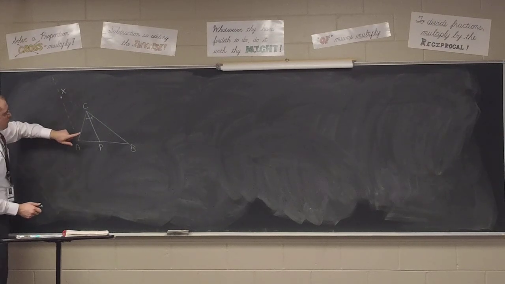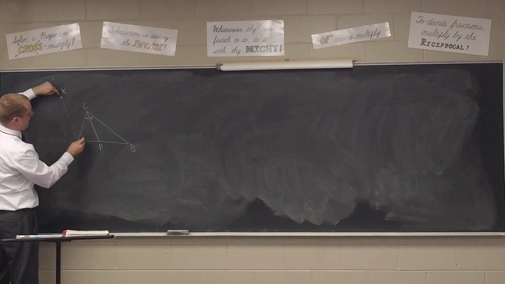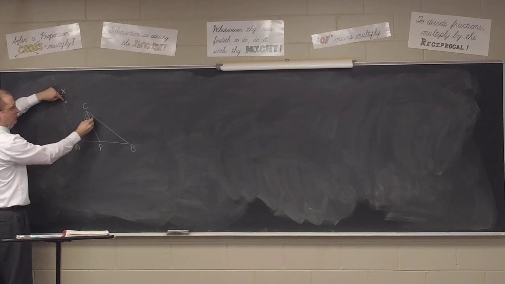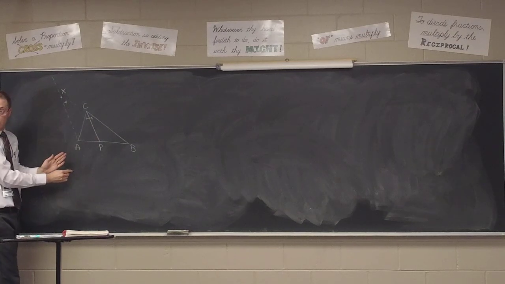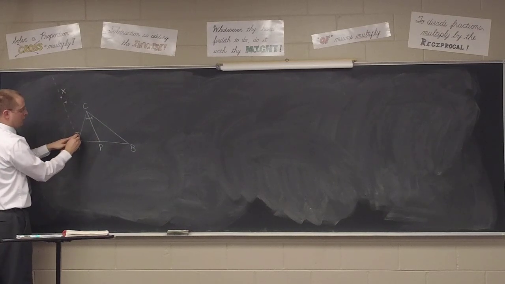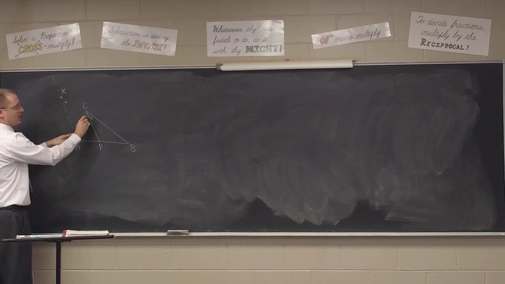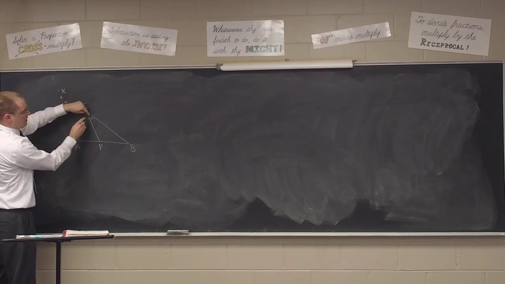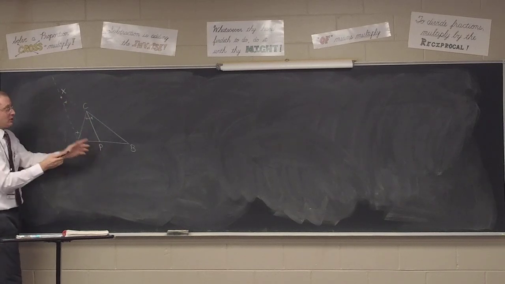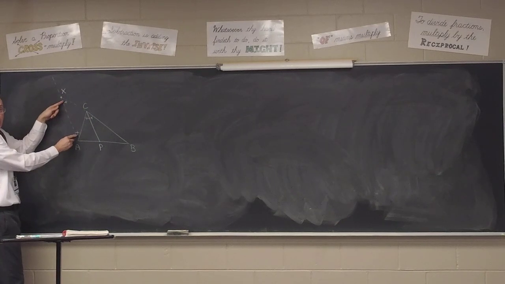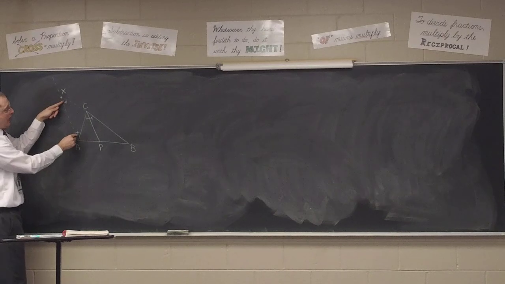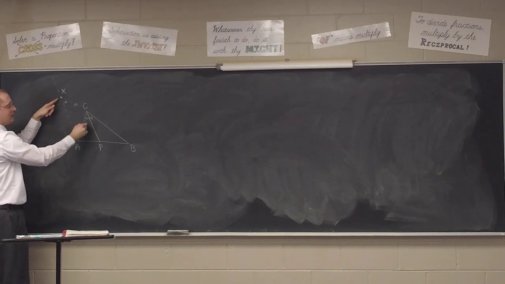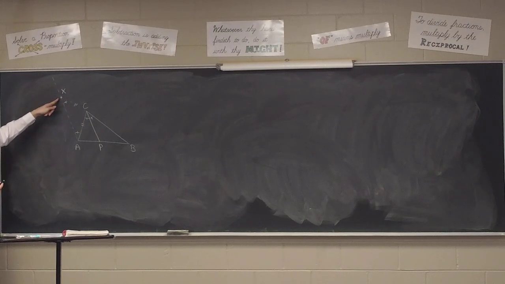But something else is interesting here. If this is parallel, then this angle must equal that angle because corresponding angles are equal when lines are parallel. Furthermore, this angle must be equal to this one because alternate interior angles of parallel lines are equal. And since these two angles are equal to these two angles, which are equal to each other because it's a bisector, these two angles are equal. And so if we look at this little triangle I formed on the side, it is isosceles.